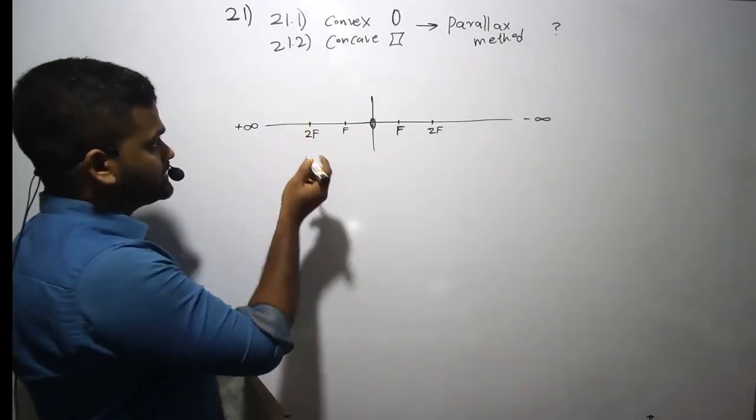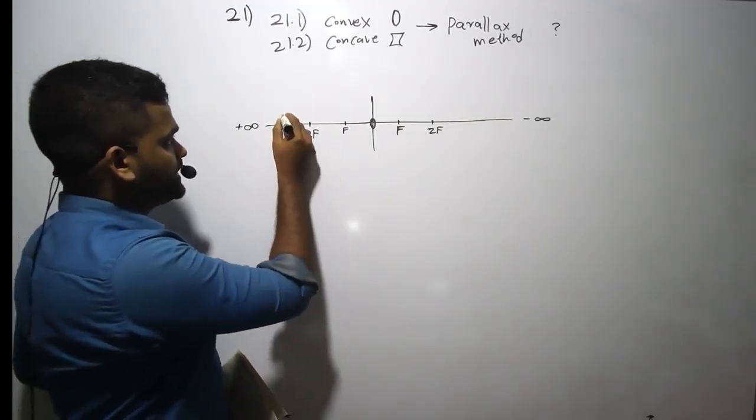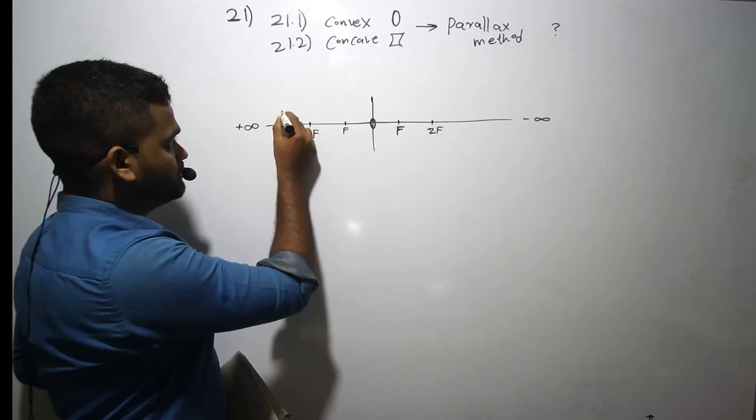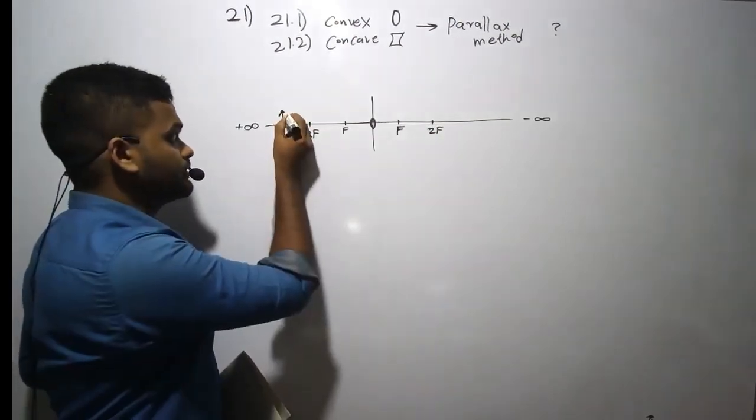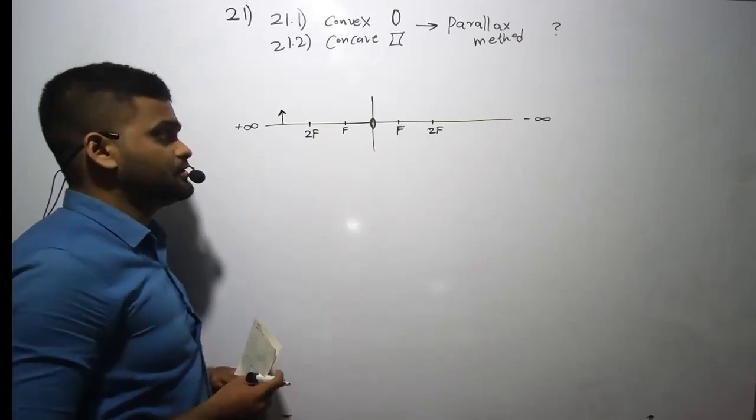So let's say you place an object beyond 2F. What's the location of the image?